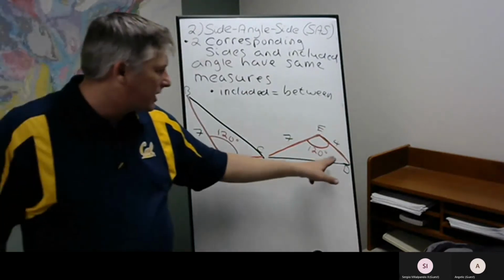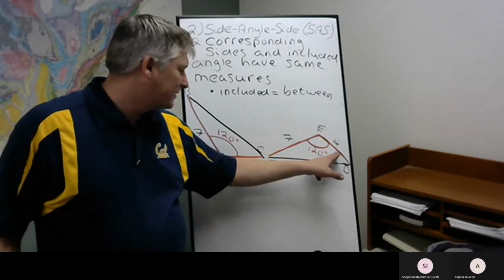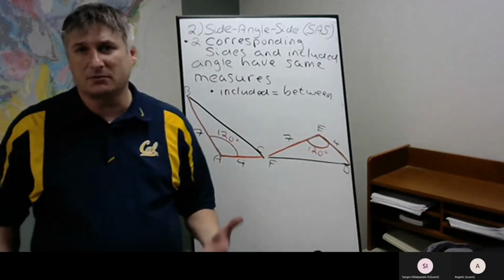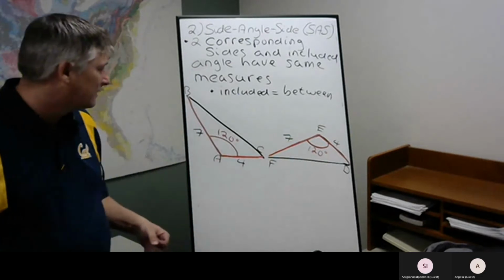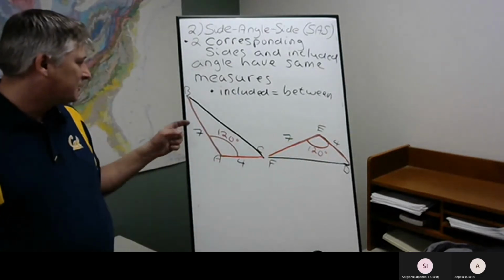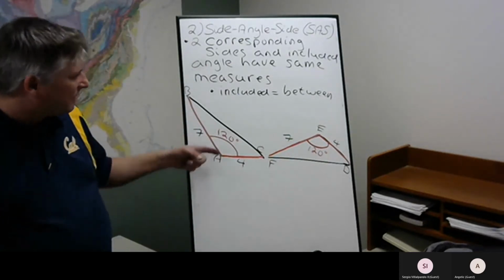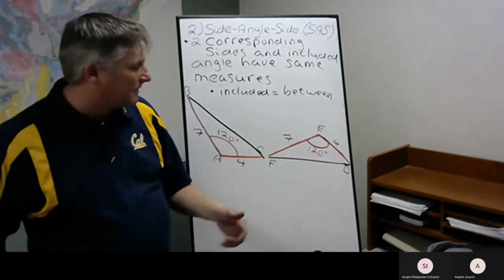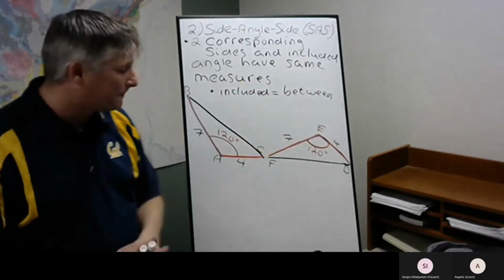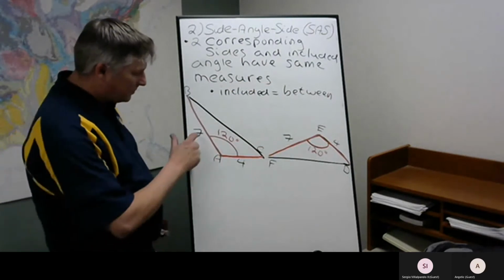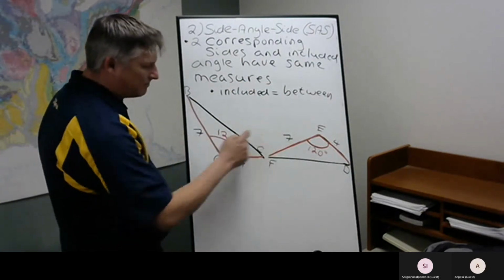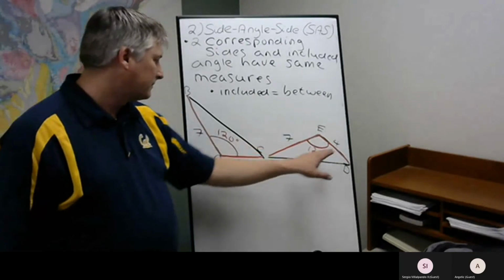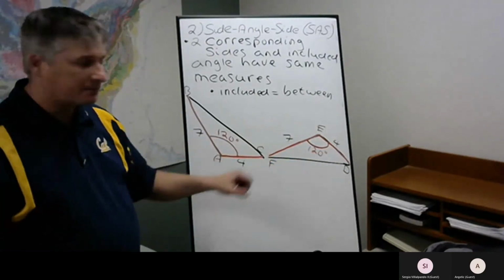And so the base of this triangle is going to be here. And these two bases, they have the same measure, those corresponding sides. And so we have also a back, and this is the back here, or at least if we rotated this triangle around. And so these also have the same measure. So we have a 4 and a 4, a 7 and a 7.